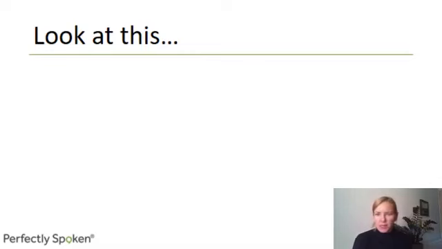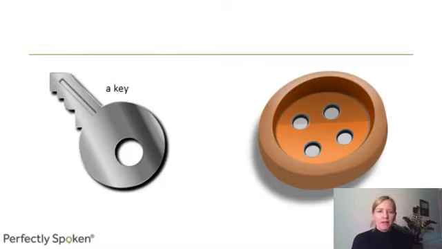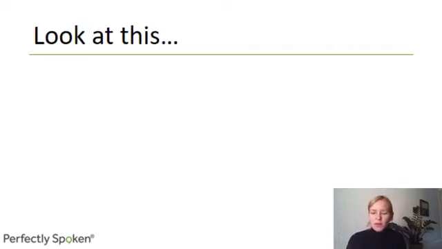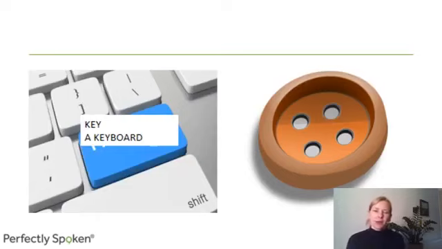Going back to our pictures here, I suppose the buttons are usually round. Now, what do we call the buttons on a computer? Well, we don't call them buttons, we call them keys. The square ones you have on a computer are not buttons, they are keys.